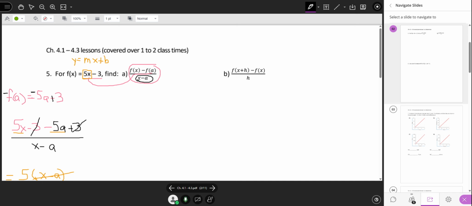Now, the first thing you do for part B is find f of x plus h.